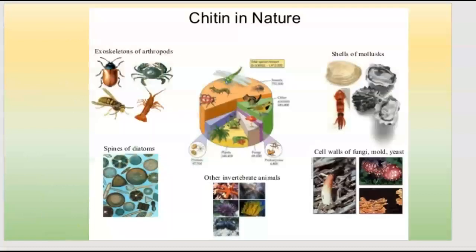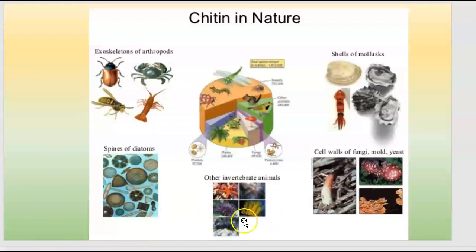So here's how you see chitin in nature. You'll see it as exoskeletons of arthropods, which just means some bugs, anything with 8 legs, yeah? So some bugs, crabs, some insects, some lobster tails, which are totally yummy. Diatoms are microscopic.